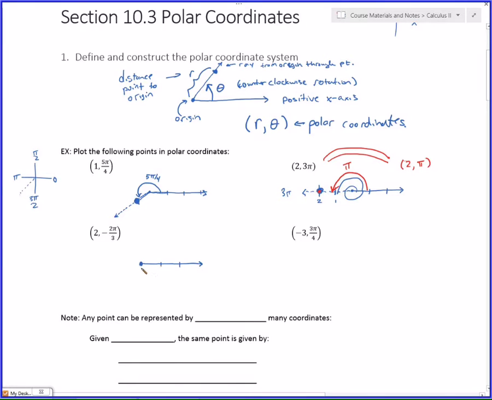So pi over 3 is like 60 degrees, so 2 of those is 120 degrees, so it's going to be somewhere over here. Negative 2 pi over 3. And we're going to go out 2 in that direction. So there's your point.